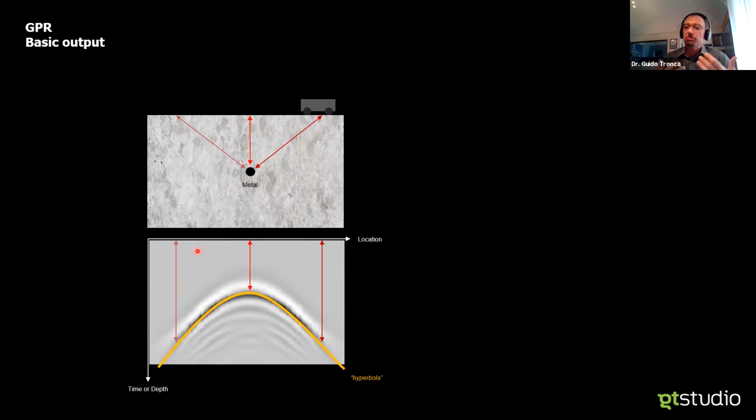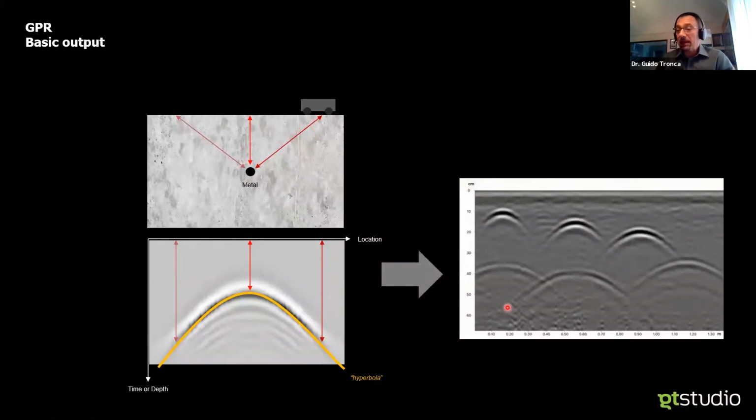So with GPR, we move from the simple numbers of a rebar locator to a real image that in its native raw shape is recognizable by hyperbola-shaped objects, related to the fact that the impulse is continuously measured.